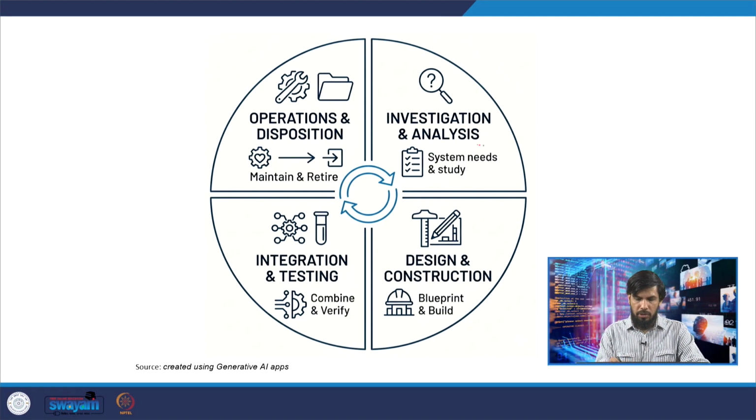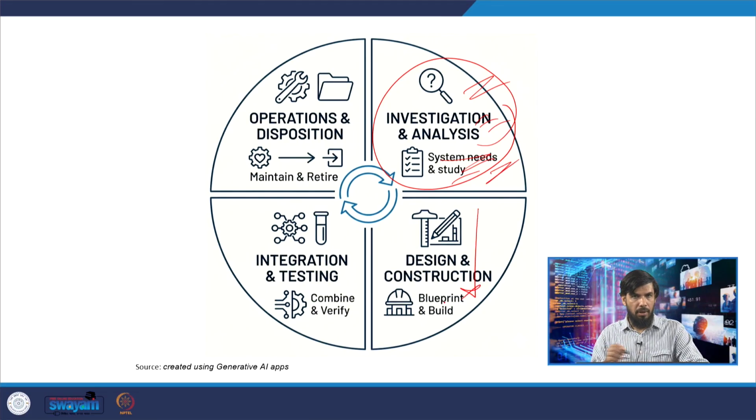Here you can see you start from here in this SDLC, this first phase, right, investigation and analysis. You will study requirements, you will analyze what kind of information system you need, what kind of system development project you need to undertake. Then the design and construction part will come. The design should match your current and future requirements, it should be able to scale to your business expansion and all that.